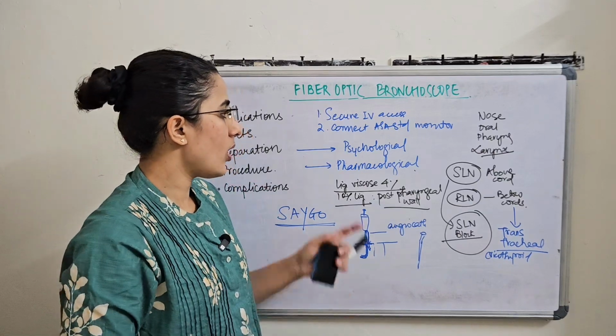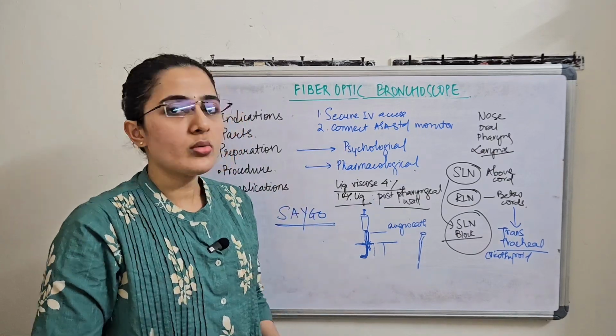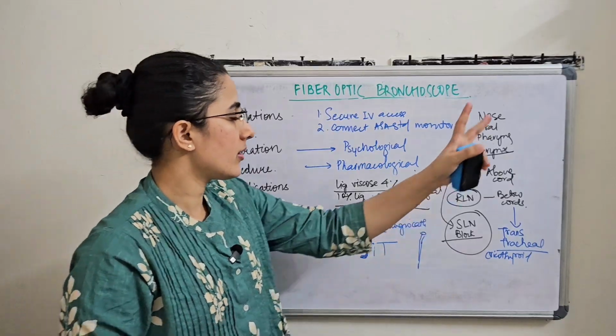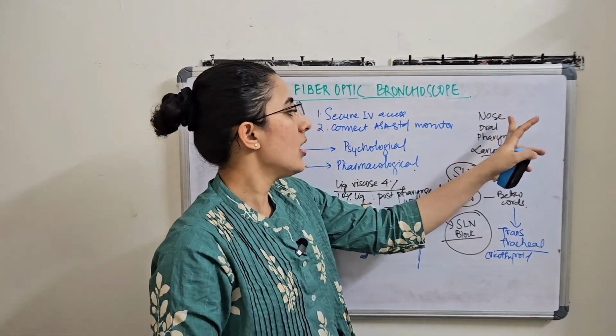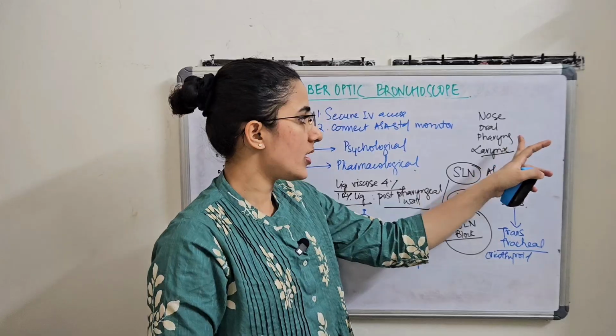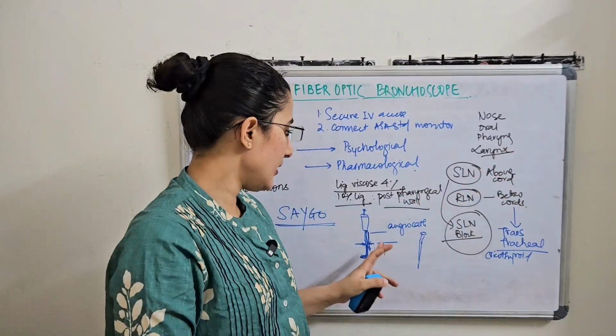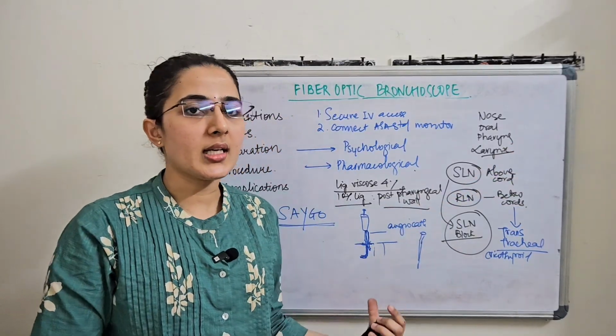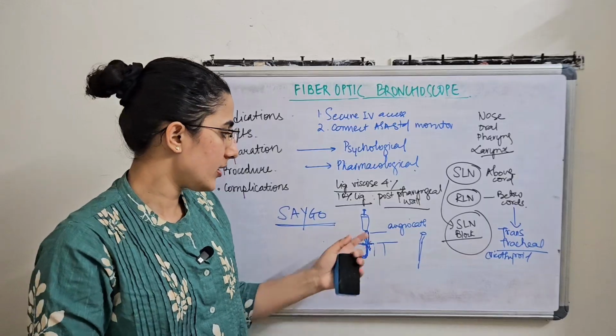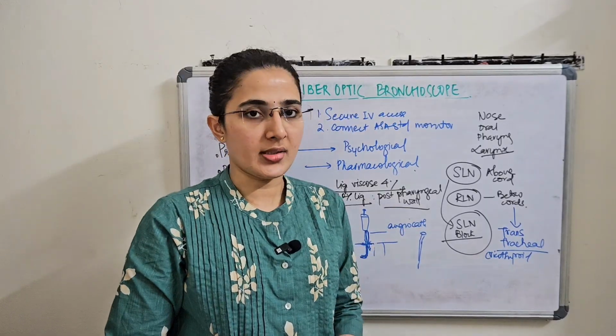Through all the steps we saw how we anesthetize or prepare the airway, that is the nose, the oral airway, the pharyngeal, laryngeal, and finally the tracheal, using the spray as you go technique as well as the transtracheal injections.